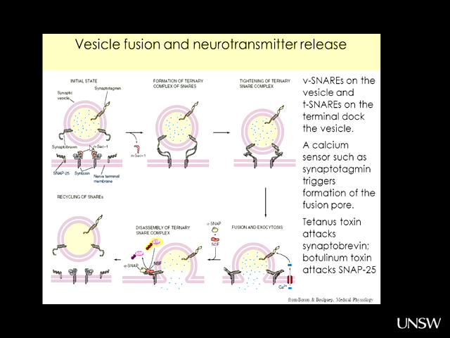They've got different names, which you don't need to remember. You need to remember the general principle, which is that they're called snares, okay, which is kind of handy. That does, by some strained thing, spell out to a very long chemical name, but everyone calls them snares. And if they're a V snare, they sit on the vesicle. And if they're a T snare, they sit on the terminal.